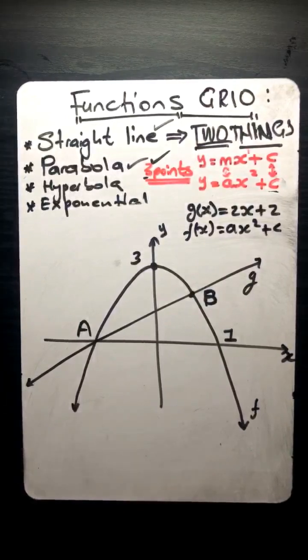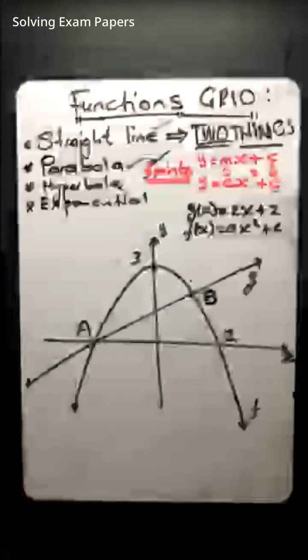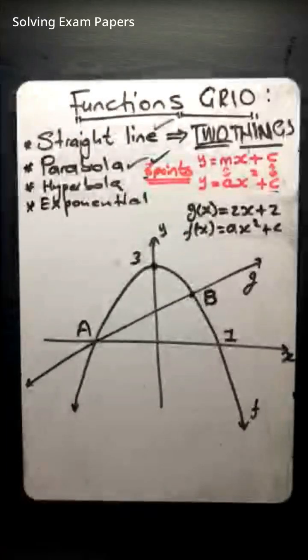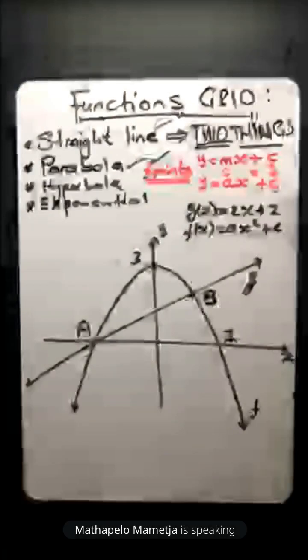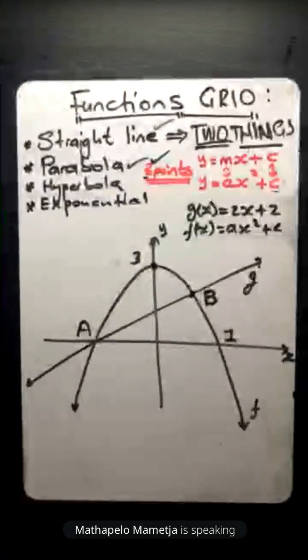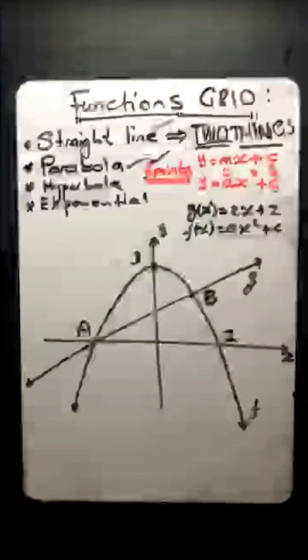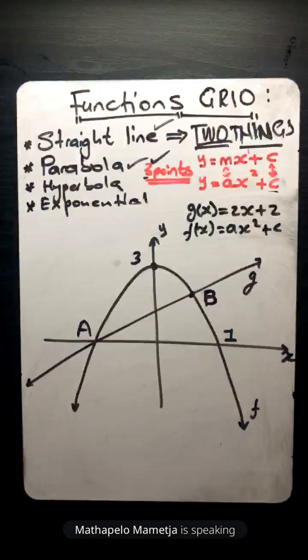Anyone who would like to give it a try? We should use G of X, which is equal to 2X plus 2.